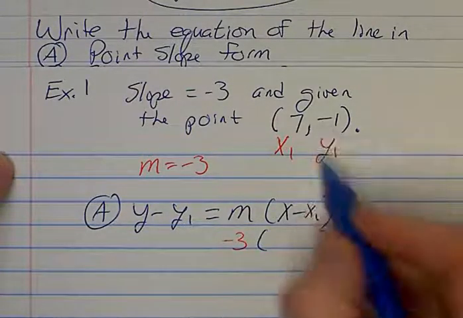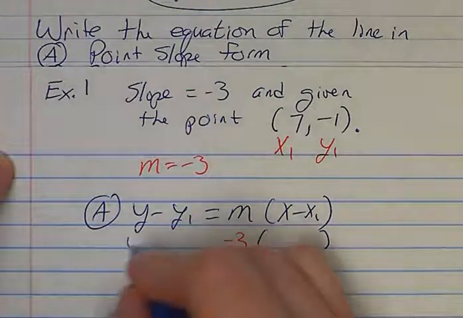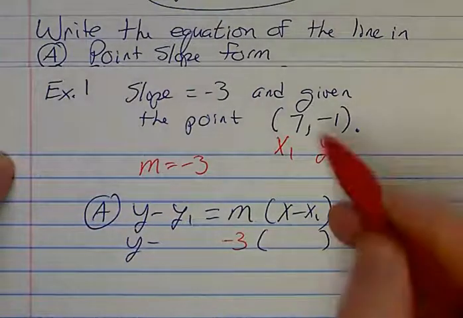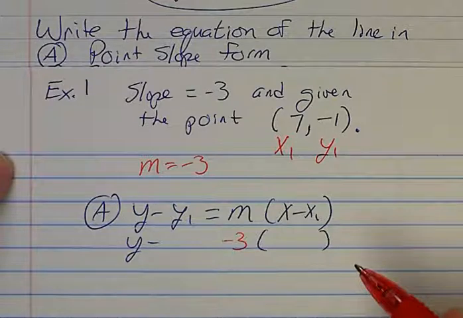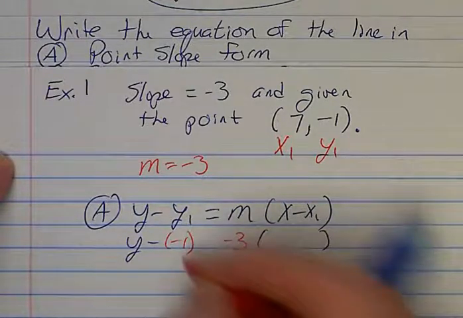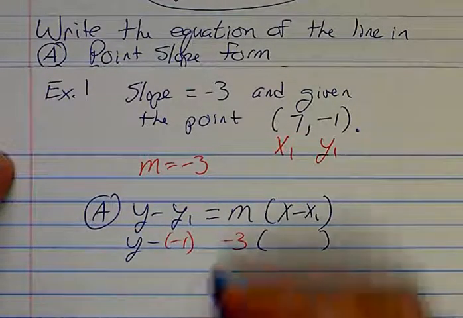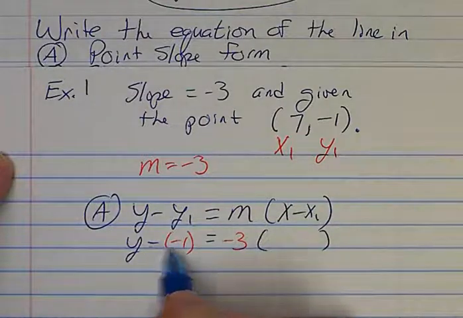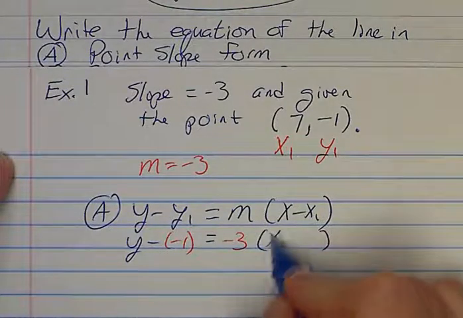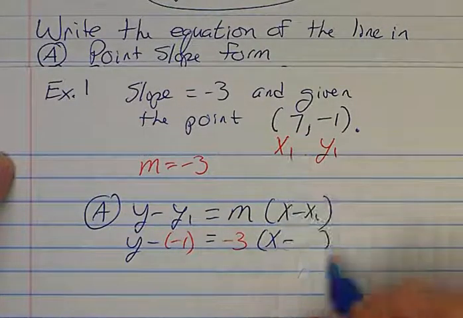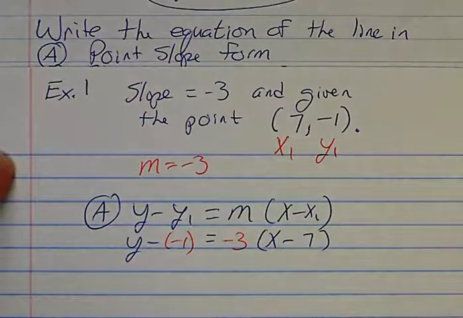That's x1 and y1, so that's y minus y1, which is -1. Especially when you're plugging in negatives, I'd say put that in parentheses so that you know that there's a minus and a negative there. Then we've got x minus, the x1 is 7. It's not a negative, so we don't have to put parentheses around it.